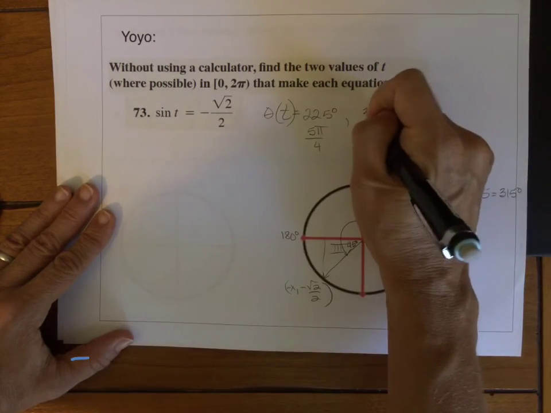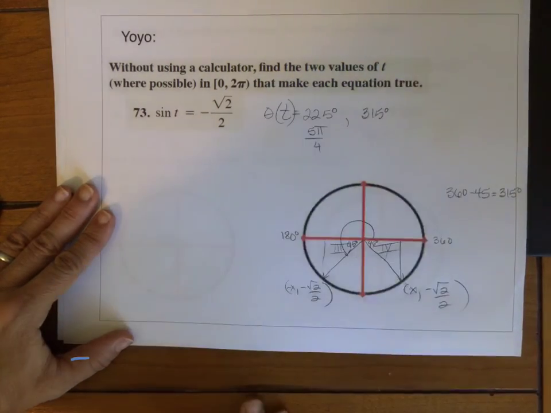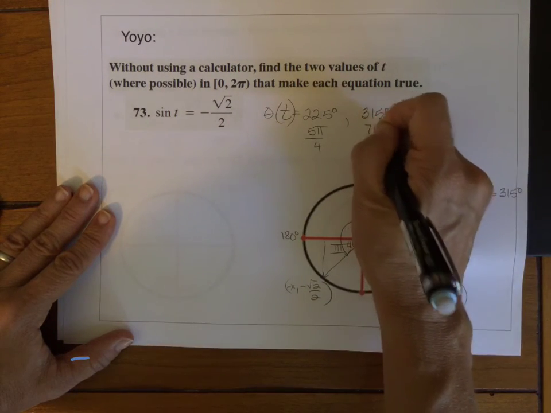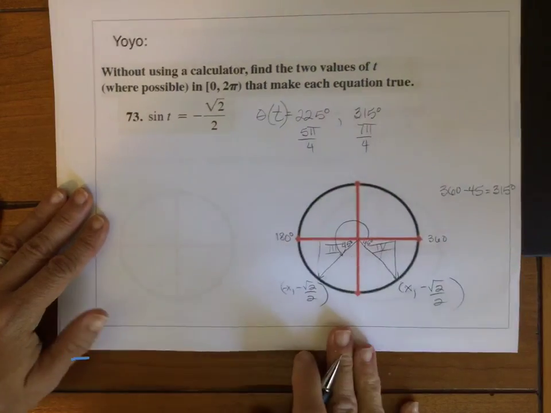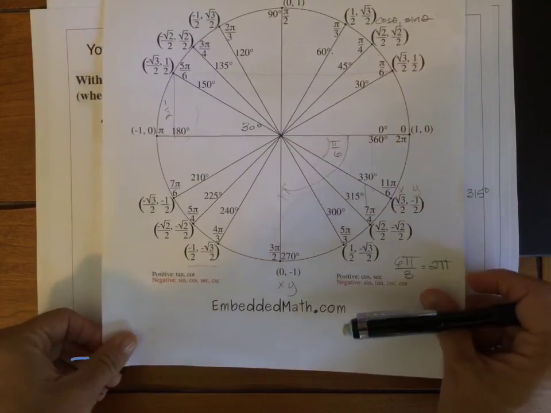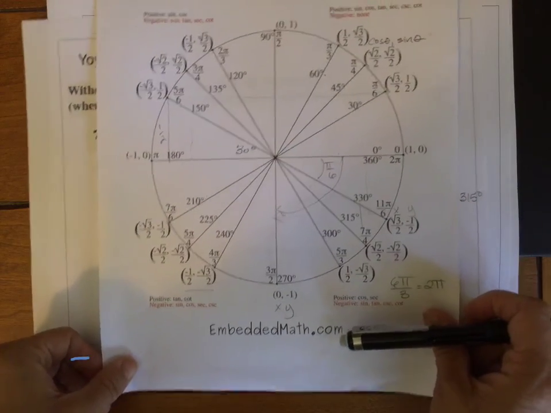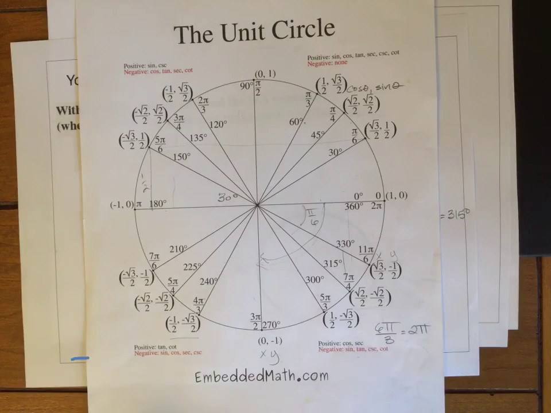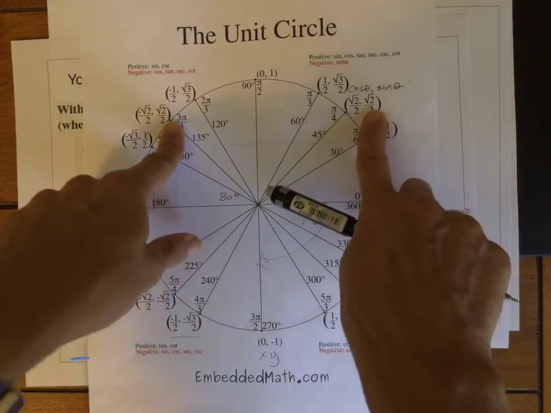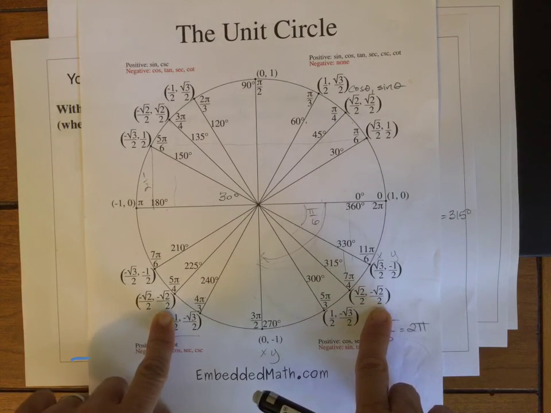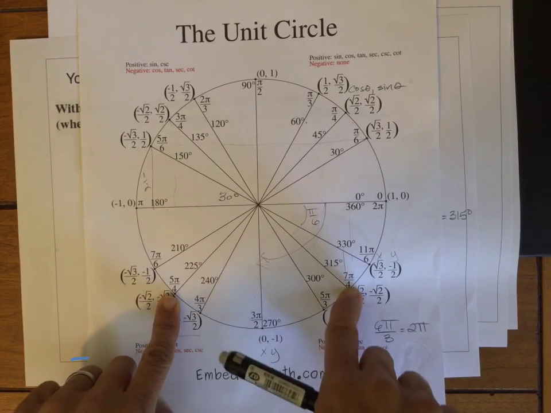So our other possibility is 315 degrees, and in radians, that happens to be 7 pi over 4. Again, you could just look at your unit circle and say, where are my sine values, so y values, of negative root 2 over 2? Up here they're positive, and down here you can see that they're both negative at 5 pi over 4 and 7 pi over 4.